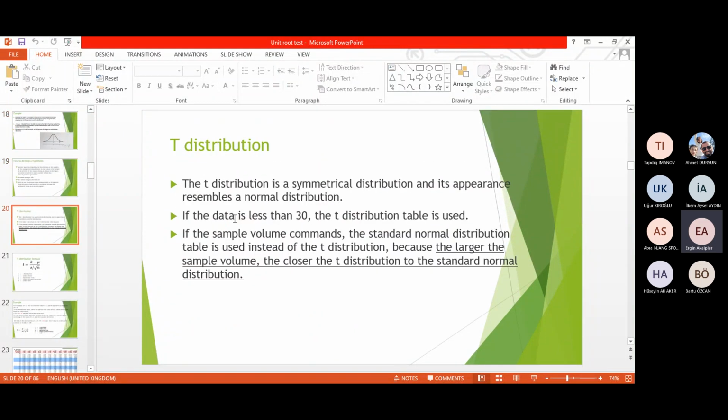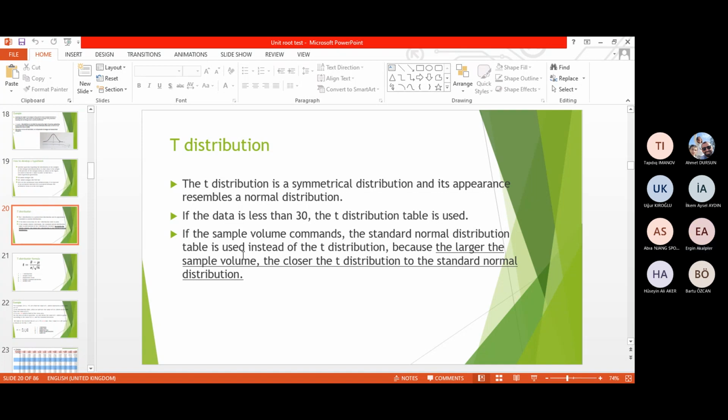Okay, I said this and then jumped to the t distribution. As I said to you, the t distribution is a symmetrical distribution and its appearance resembles a normal distribution. If the data is less than 30, the t distribution table is used. If the sample volume is larger, the standard normal distribution table is used instead of the t distribution, because the larger the sample volume, the closer the t distribution is to the standard normal distribution.